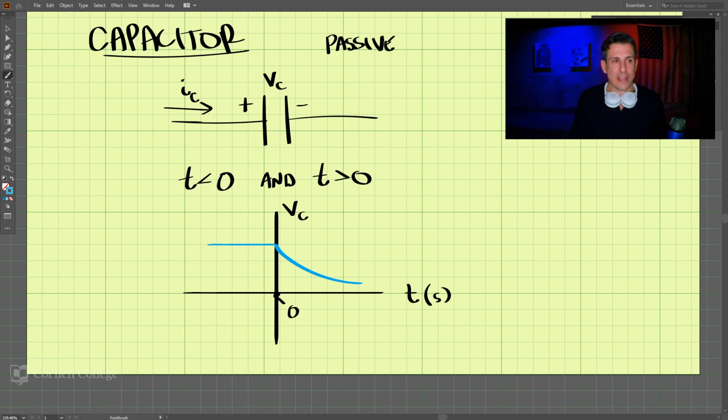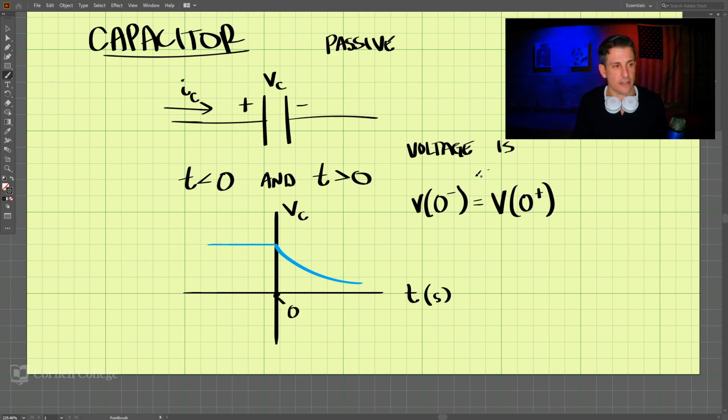The one thing we need to have is the voltage at 0 minus, meaning on this side over here, must equal the voltage at 0 plus. So this means the voltage is continuous. If we take a look at another example, I'm going to draw the same thing.